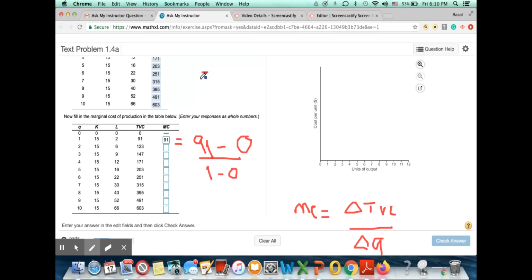The change in total variable cost is 123 minus 91, over 2 minus 1. So the answer should be 123 minus 91, 32.